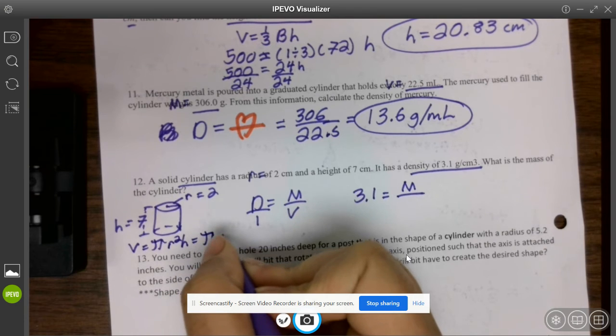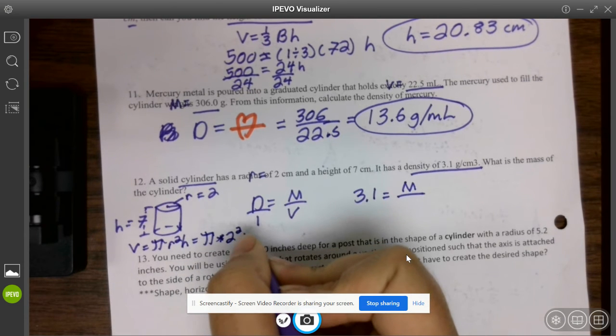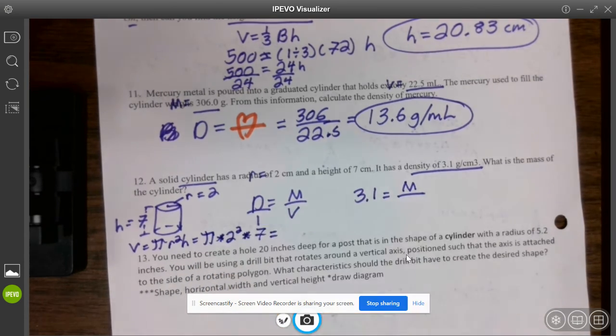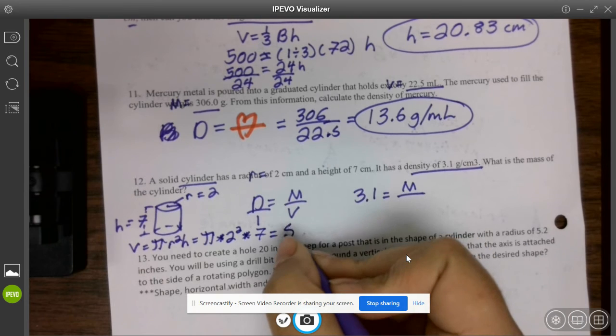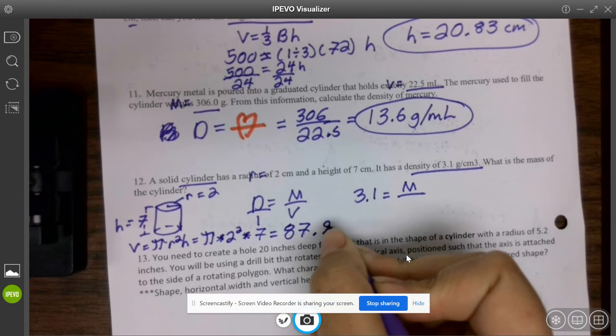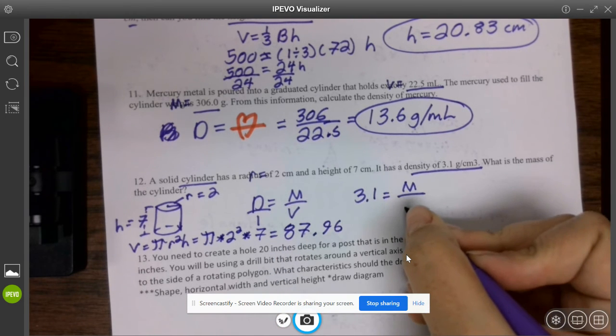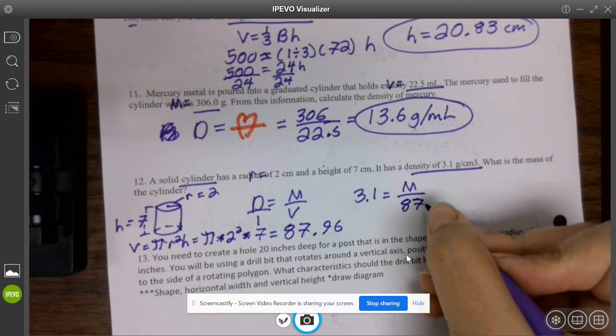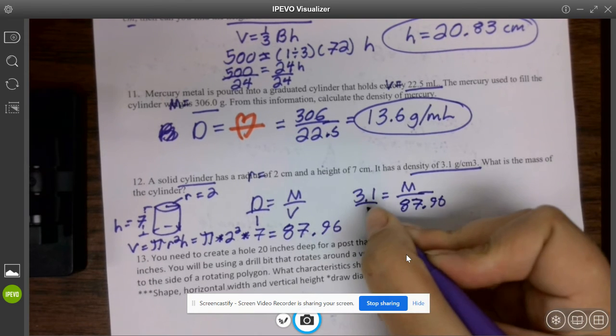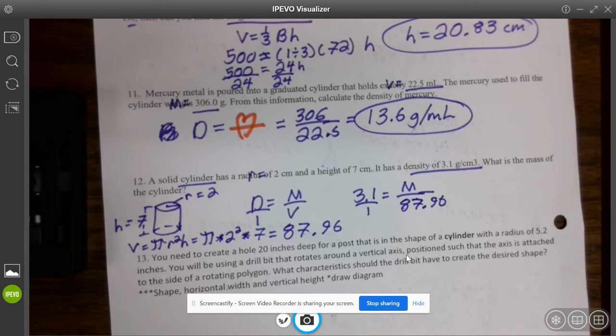So pi times 2 squared times 7, and we get 87.96. Then we're just going to cross multiply.